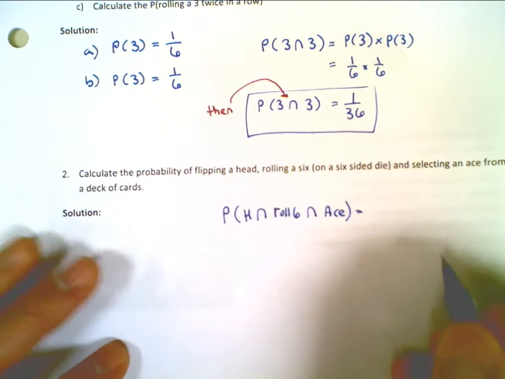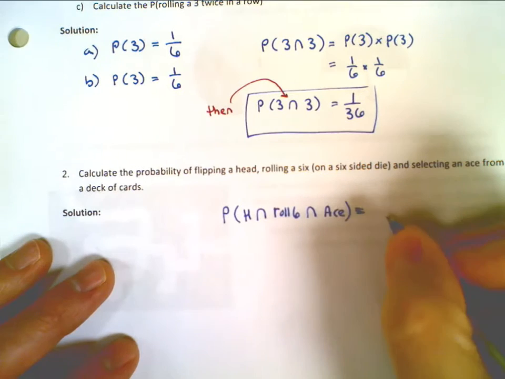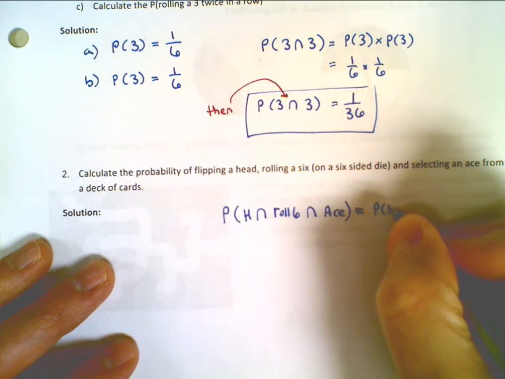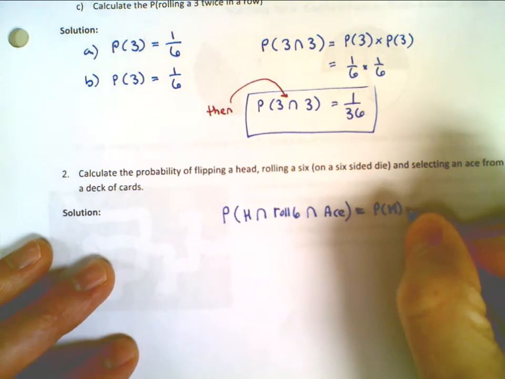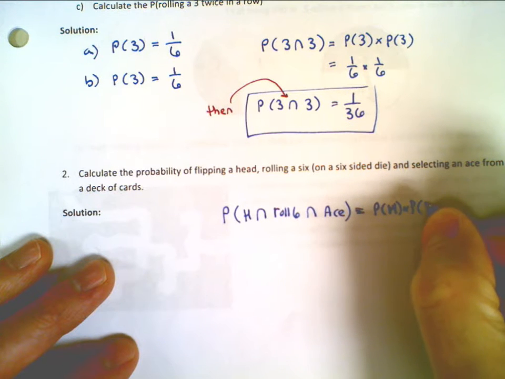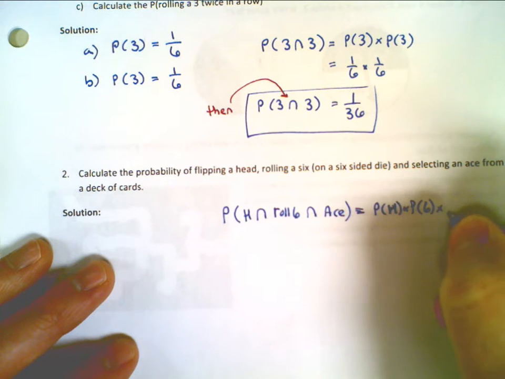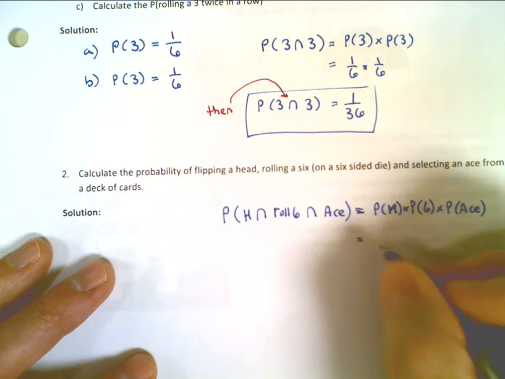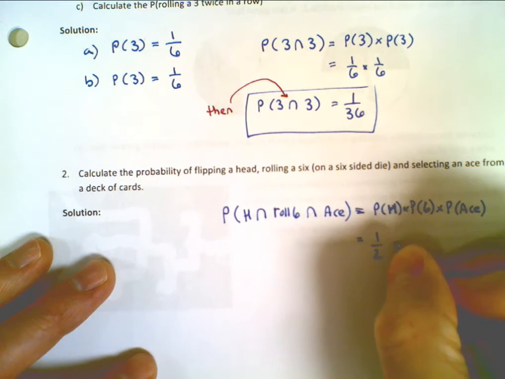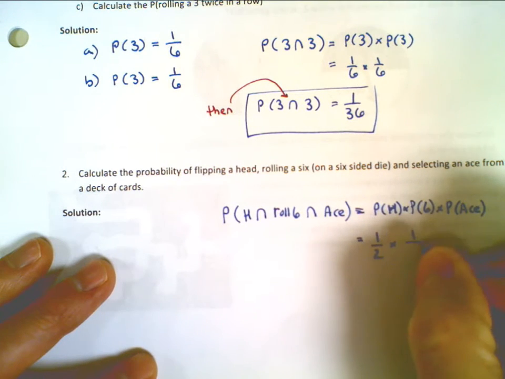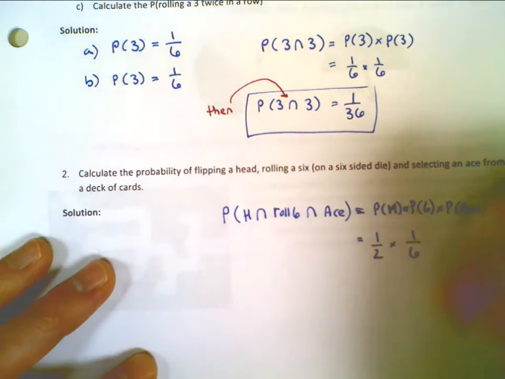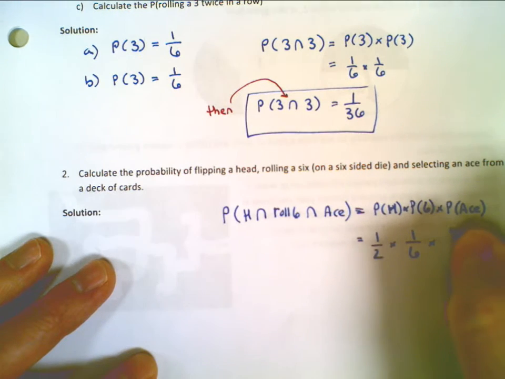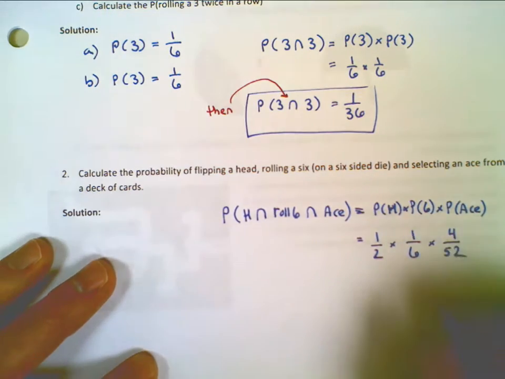So that's sort of a simplified version of writing that out. So what it'd be is probability of flipping a head times the probability of rolling a 6 times the probability of ace from a standard deck of cards. The probability of flipping a head is 1/2. The probability of rolling a 6 is 1/6. There are 4 aces in a deck of cards, and there are 52 cards in a deck.